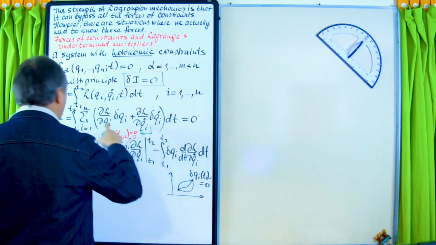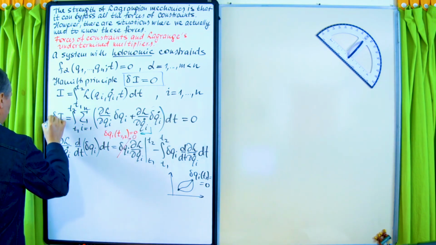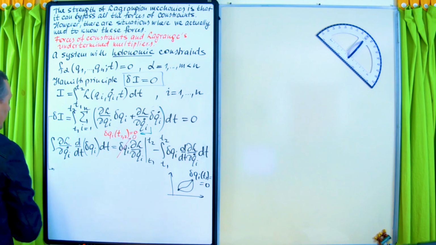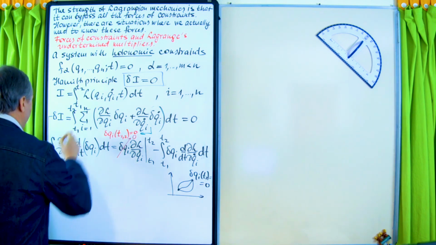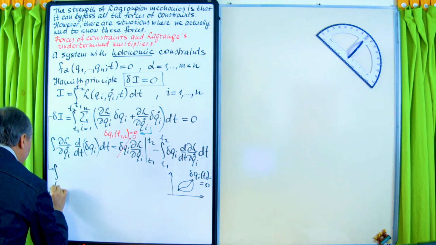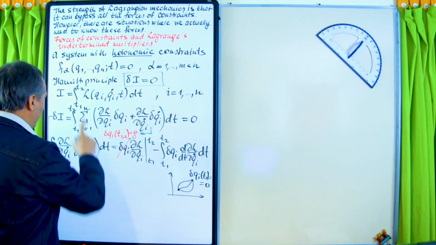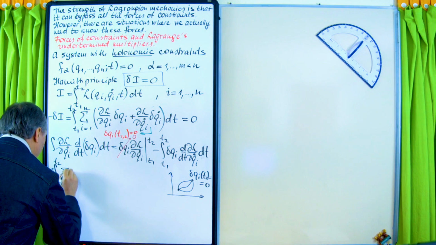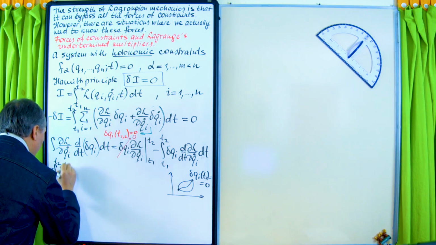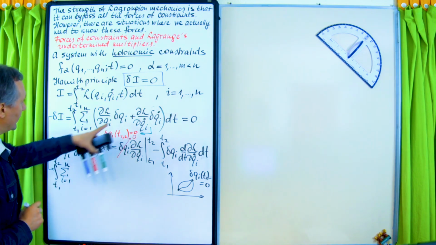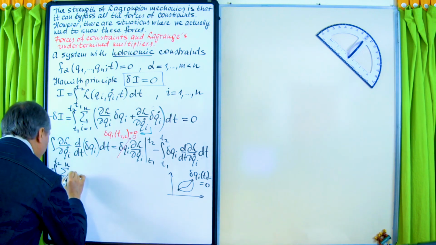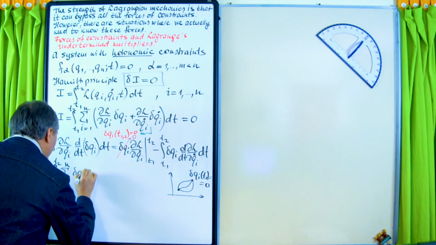So now back to this, right? So it will be integral from t1 to t2, summation, okay, let it be over here for now, summation from 1 to n, delta qi, let me factor it out here, delta qi, right?